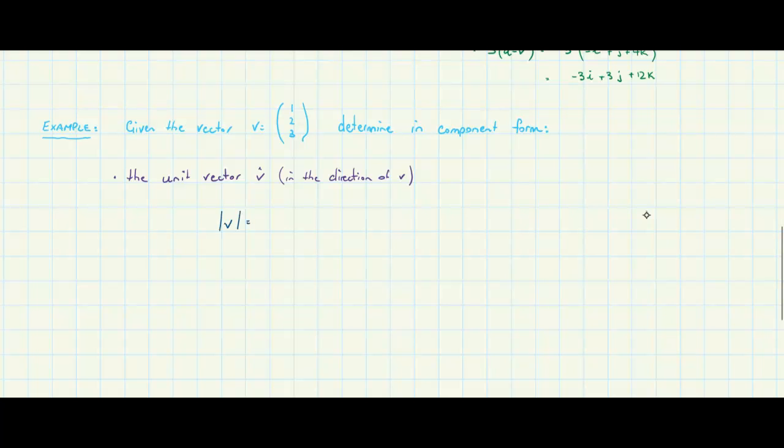So we firstly need to establish, do we not, the magnitude of v. So the magnitude of v in 3 dimensions is 1 squared plus 2 squared plus 3 squared, the square root thereof. So the square root of 1 plus 4, 5 plus 9 is 14.